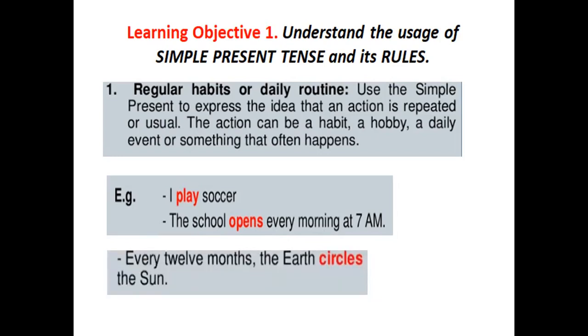And next example, every 12 months, the Earth circles the sun. So this is a routine that every 12 months, the Earth circles the sun. So this is when we can use simple present tense. So once again, we can use simple present tense rule number one if we are always doing things regularly.